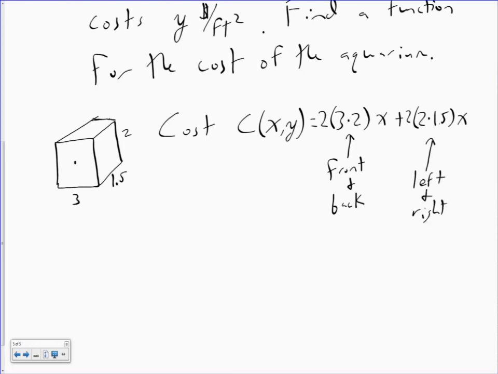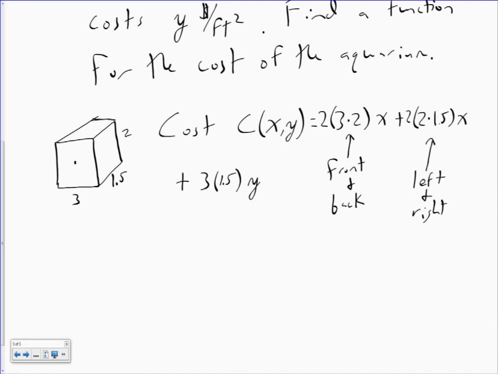I'm going to continue my function down here because I ran out of room on this side. So we've got the front and the back, the left and the right, and then there's no top for our aquarium. We didn't take that into consideration, but we do have a bottom. The bottom is 3 times 1.5, and it costs Y dollars per square foot. We don't have a top, so we don't have double this. We just have the 1 bottom.